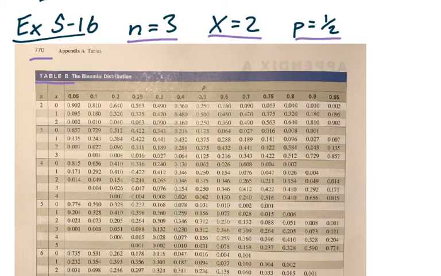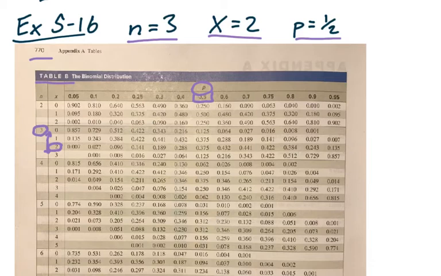And what we're going to do is find n here, and here are the various different values that x can be equal to. We're going to look at 2. And then across here on the columns, we're looking for P. P we have, oh, here I covered it up a little bit, is exactly 0.5.